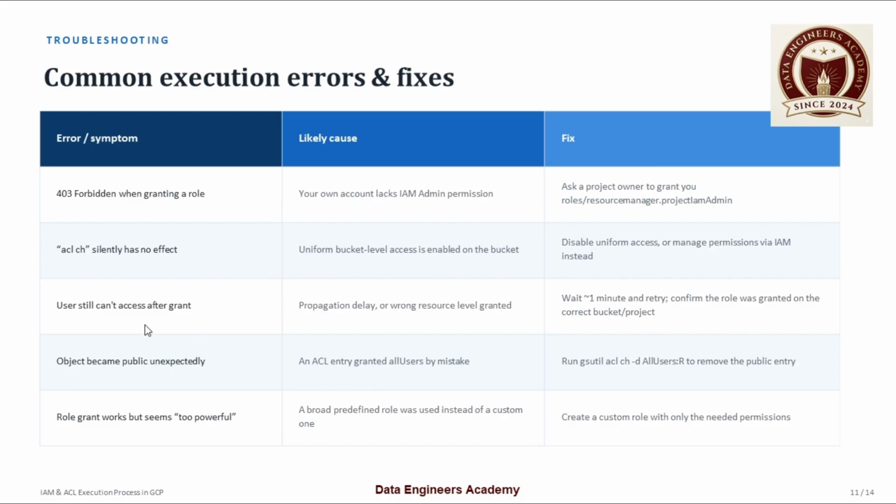If a user still cannot access the resources after a permission is granted, we should verify that the role was applied to the correct resource level. So these are the common execution errors for IAM and ACL.